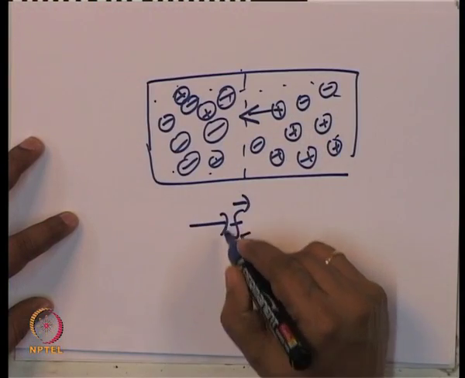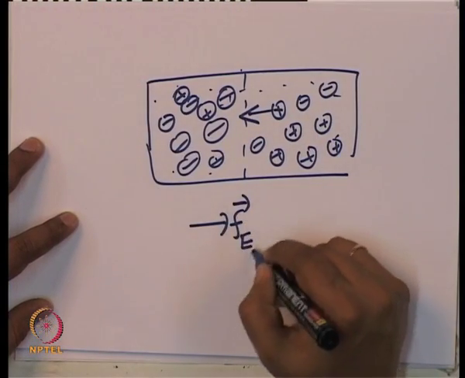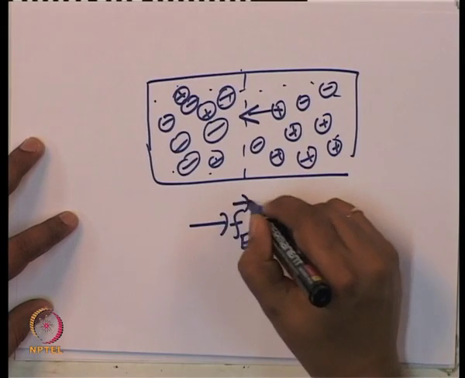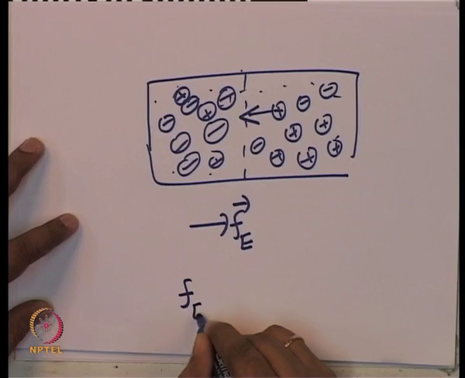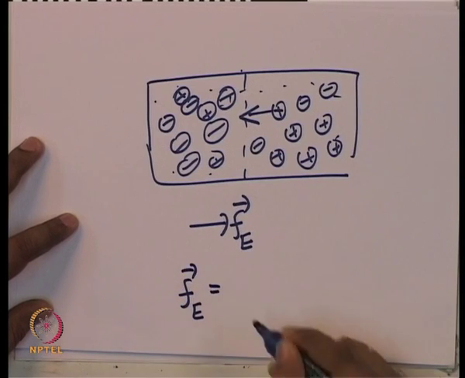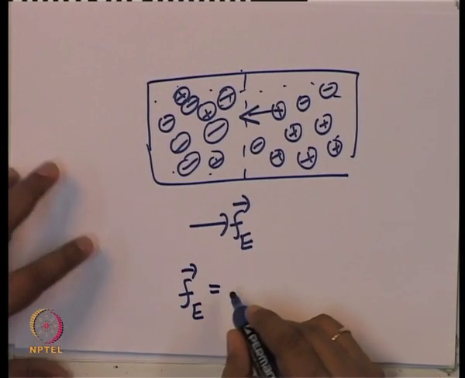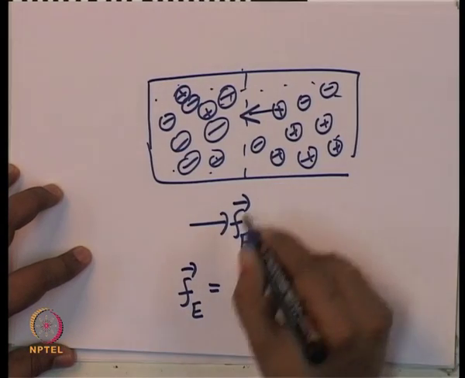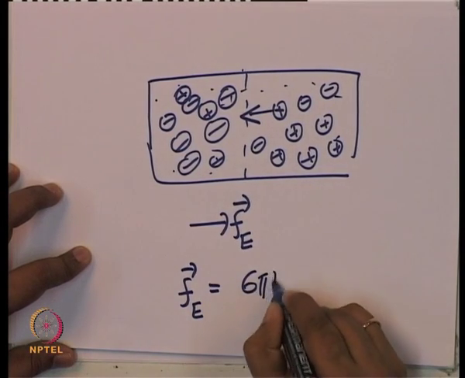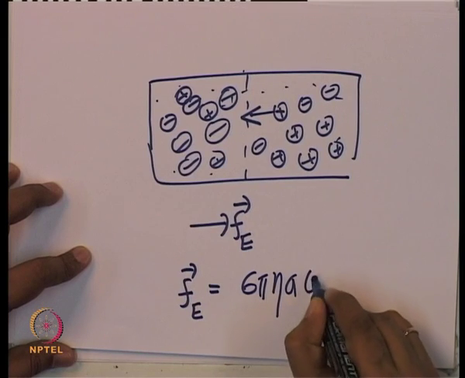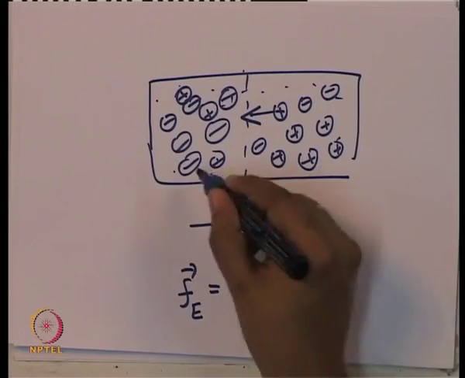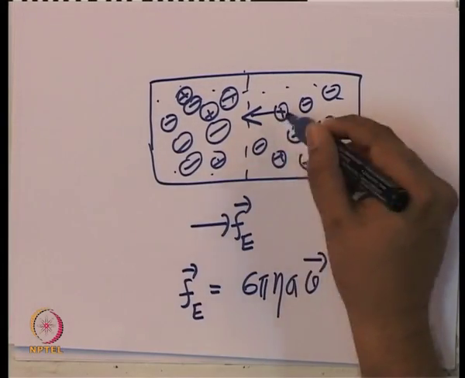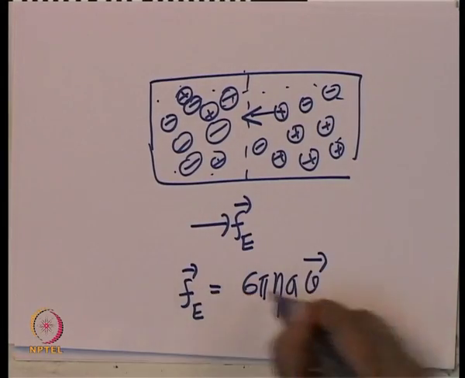So, each of these plus ions will be feeling some electrostatic force. For anything moving, for spherical particles, the drag force is 6 pi eta a v, where v is the velocity. So, the ion will move with a velocity v given by this formula.